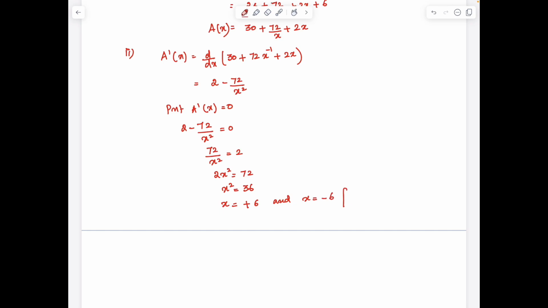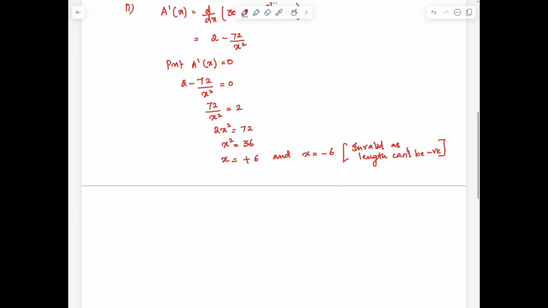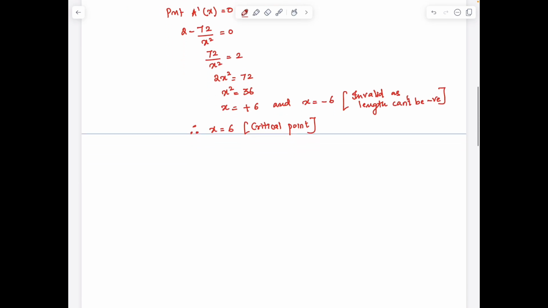X equal to minus 6 stands invalid as length can't be negative. Therefore, x is equal to 6 is the critical point. But still we don't know whether this is going to give us a minimum area. So let's go further.